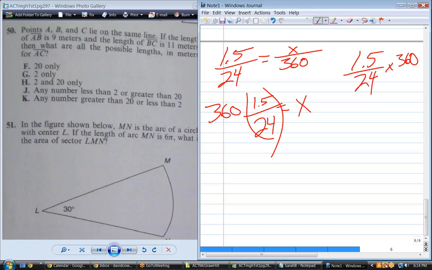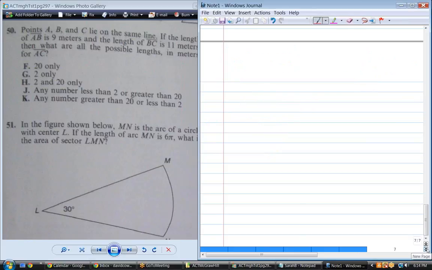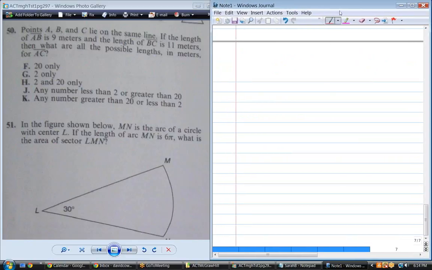Okay. All right. Let's finish up on this problem here. A, B, and C lie on the same line. They don't tell us what order they lie in, but they're on that line. AB is 9, BC is 11, AC could be what?